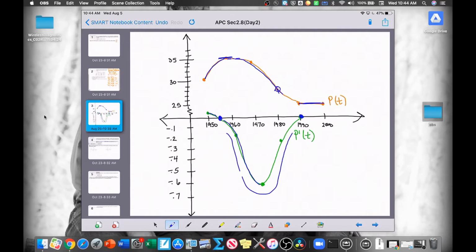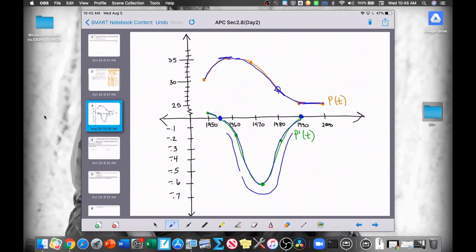And my slope is changing from decreasing at an increasing rate to decreasing at a decreasing rate. And that's when the slope of my derivative starts to go back up. So these are all characteristics of the original function and its derivative that we will continue to talk about in the next few sections of our notes.